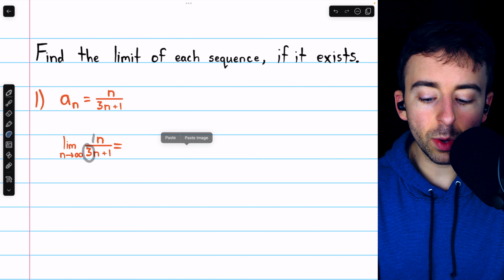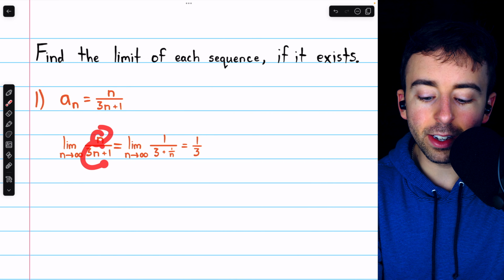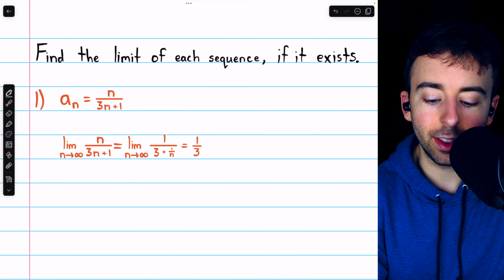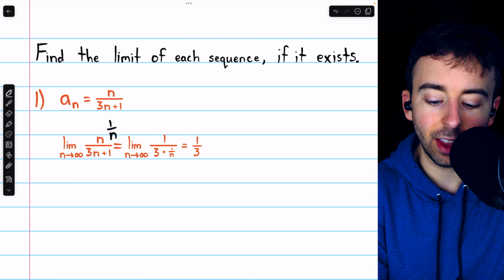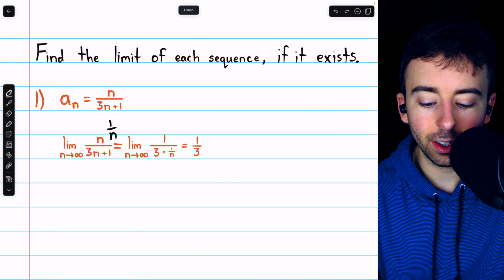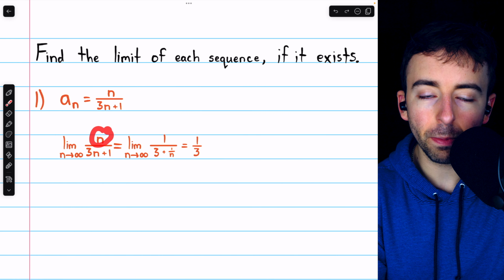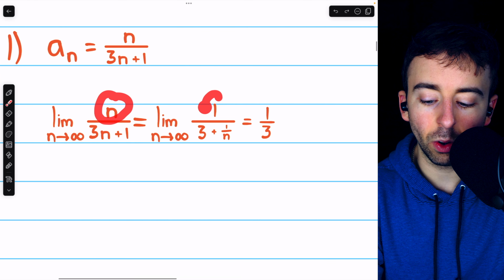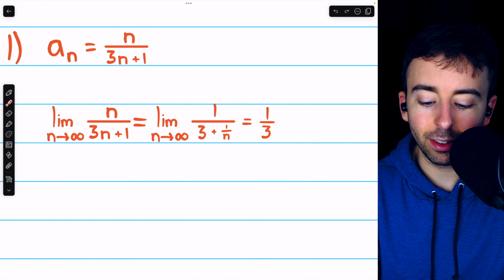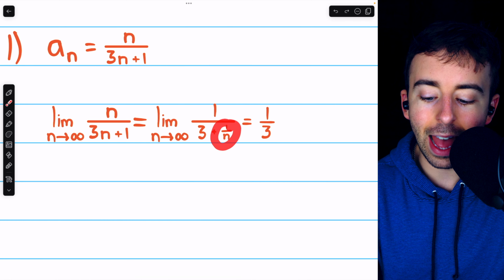And we can show that formally by dividing both the numerator and denominator by that highest power of n. If we divide the numerator by n, which is the highest power, and we divide the denominator by n, again, the highest power, what we get is this. In the numerator, n divided by n is 1, and in the denominator, 3n divided by n is 3, and 1 divided by n is 1 over n.